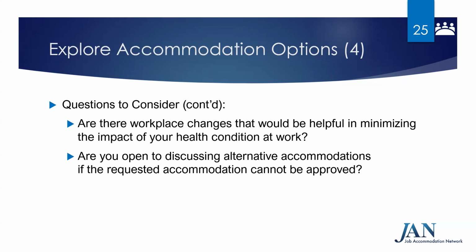If these things can be done, it might make it so that you won't need to necessarily go down the accommodation path. So you could maybe make some changes in the work environment and ask about whether those changes could be helpful in minimizing the impact of the individual's health condition. So it broadens that conversation to environmental changes.